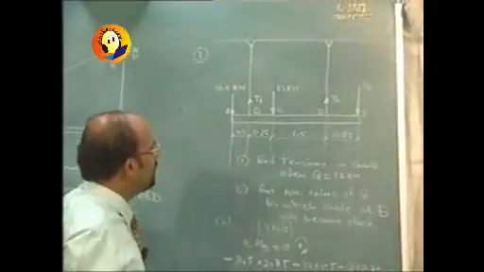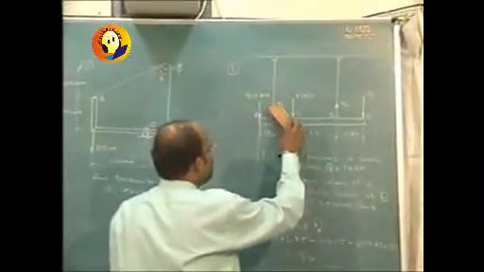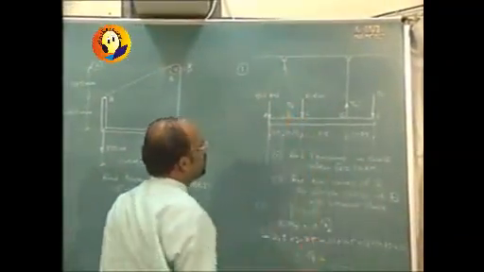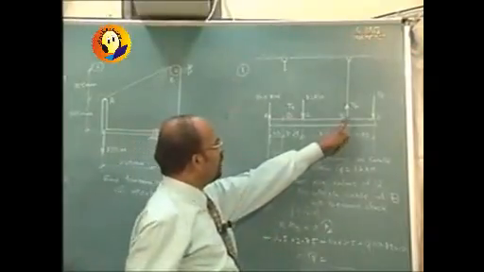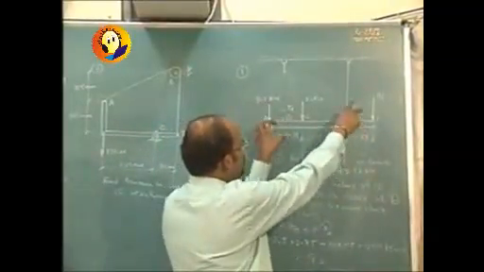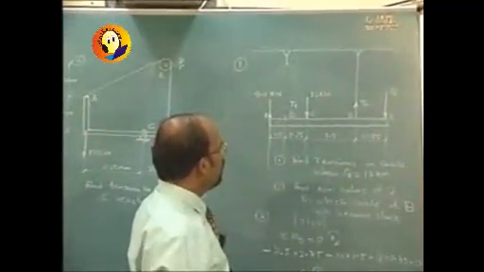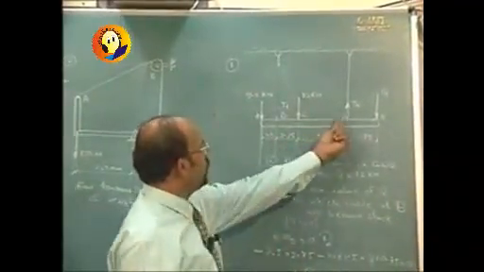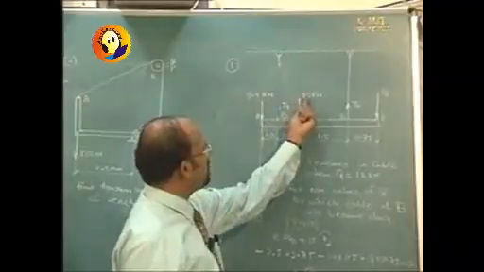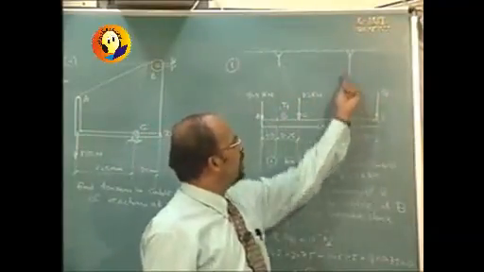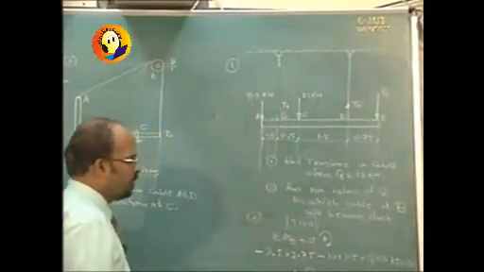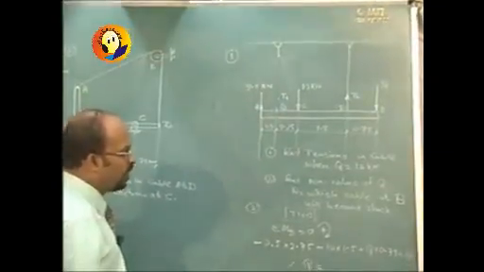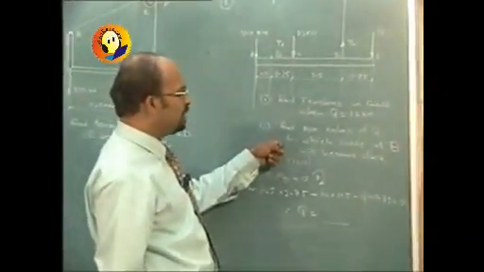It will be the case as if this cable at B does not exist. Simply one cable is going to support the loads. So we are trying to achieve the balance, that is the rotational balance. Vertically T2 will be taking up 7.5 plus 10 plus Q, that will be the net load. So this is how the problem should be solved if the cable at B is to become slack.